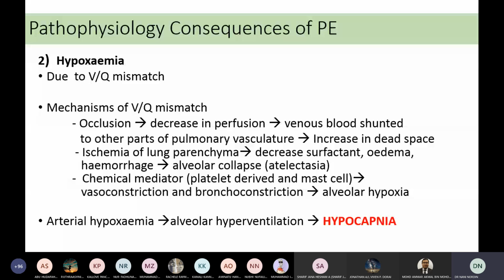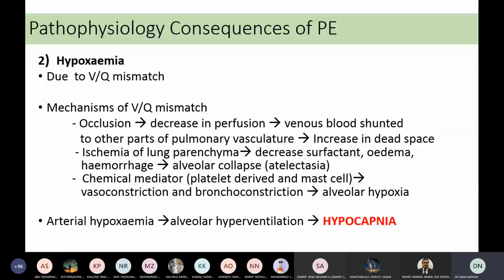You will have a mixture of areas of dead space, and areas with a lot of blood shunted to only one part of the lung. So you have areas with a lot of blood flow because of the shunting, and low ventilation.